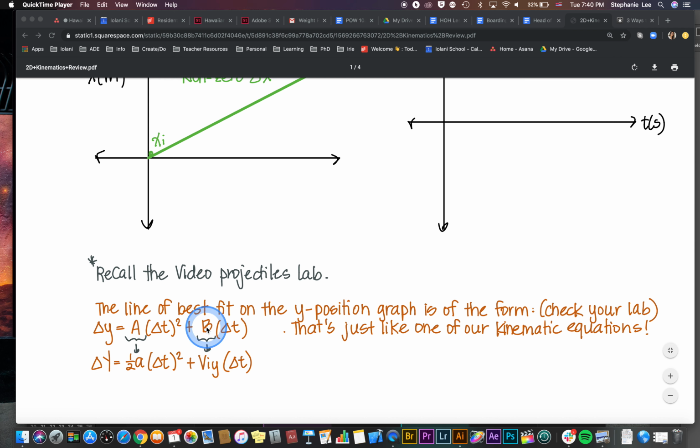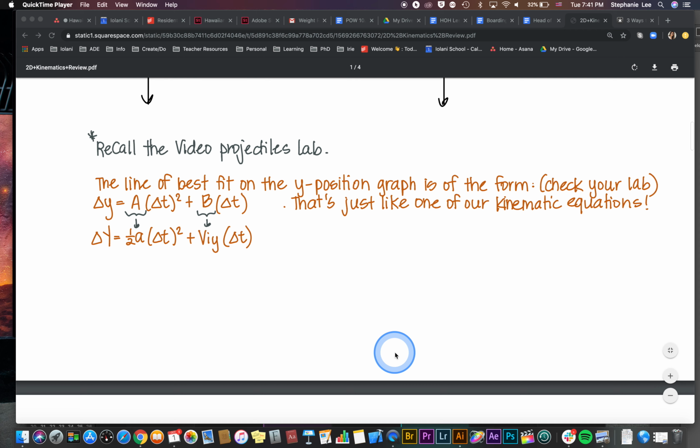The coefficient b then corresponds to VIY, and so for each group that would be different because it would depend on how you threw the ball, how quickly you threw it. So it's really important to understand what the equation of the line of best fit tells us, and to see that the kinematic equations that we use in class are actually derived from graphical data.